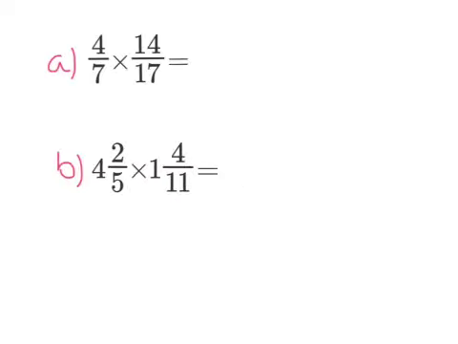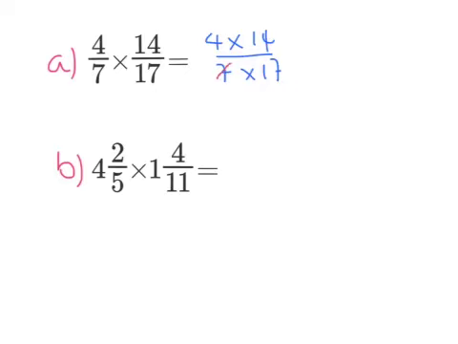Let's now solve these couple of examples here. We have 4/7 times 14/17. So we will quickly copy the way it should be: 4 times 14 divided by the product of 7 times 17. Now, as you can see, 14 and 7 share, of course, 7 as a common divisor.